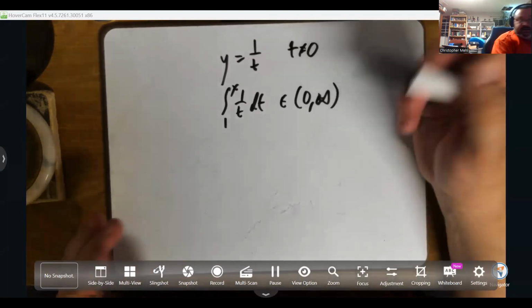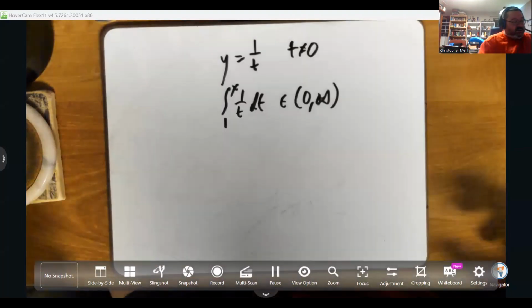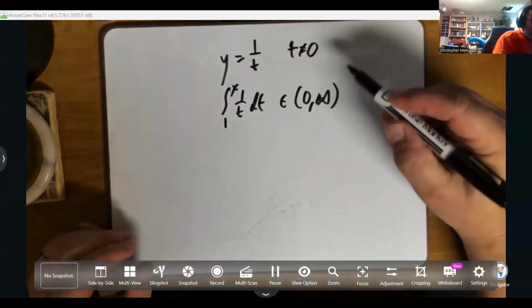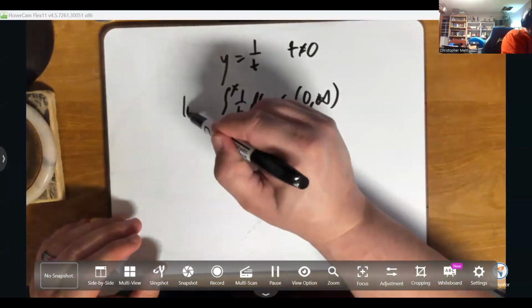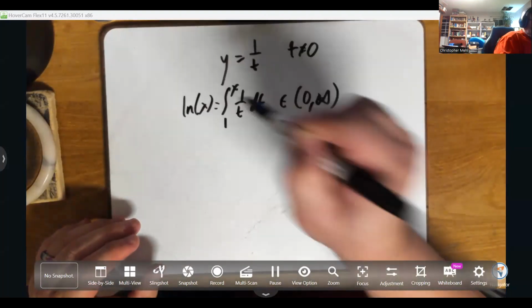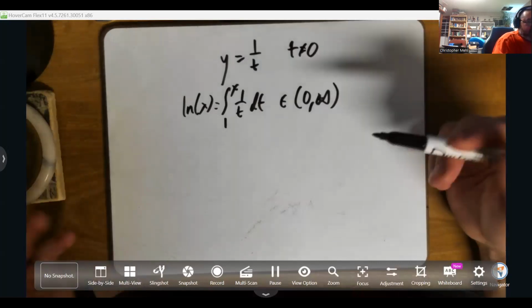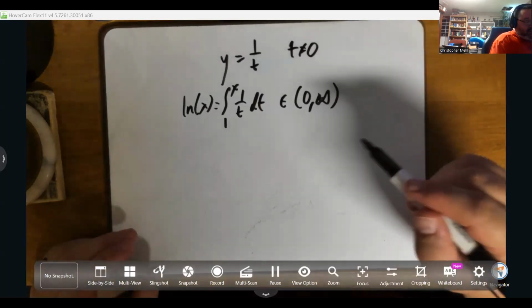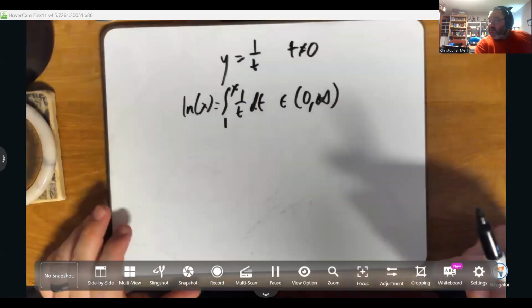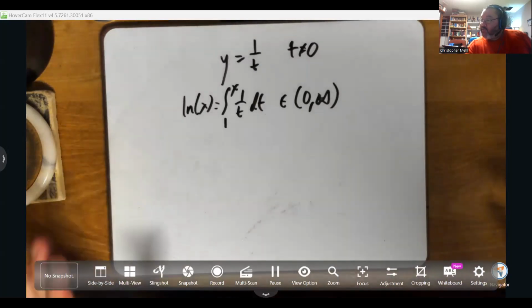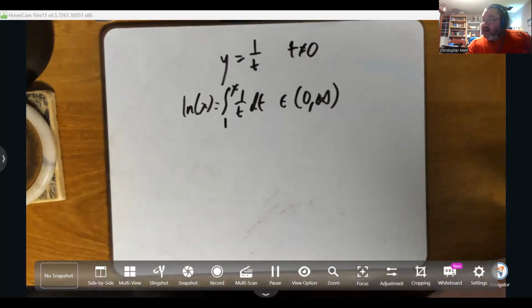Can't exist for 0, only exists at 0 to infinity. And so that makes sense if this is the natural log. We said the domain of the natural log is positive numbers only. The other thing that we note, we already talked about whenever x is greater than 1, that area is going to be positive, and so the natural log function is going to be positive.